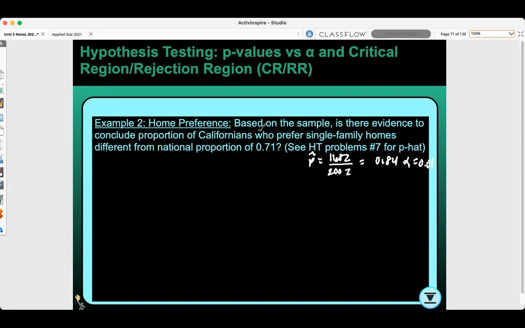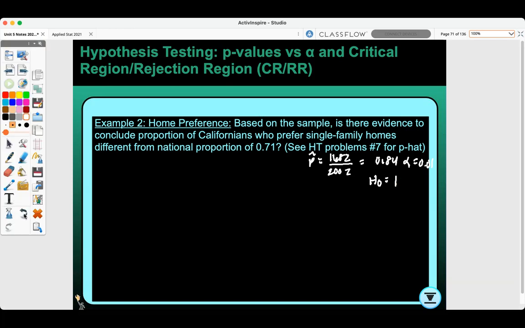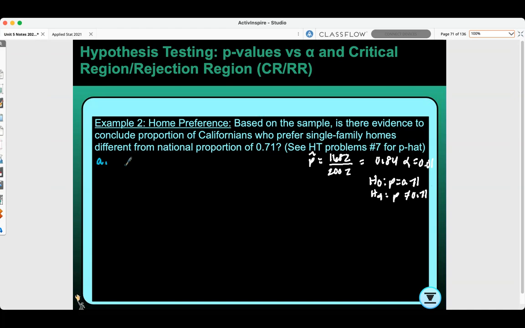My null hypothesis was p equals 0.71, and my alternative hypothesis was p is not equal to 0.71. So let's go through A, which is what we did with our hypothesis test.